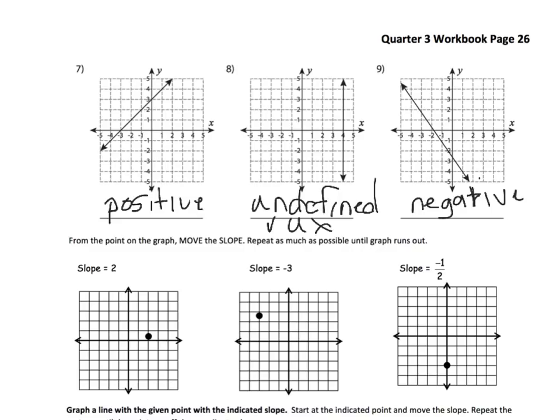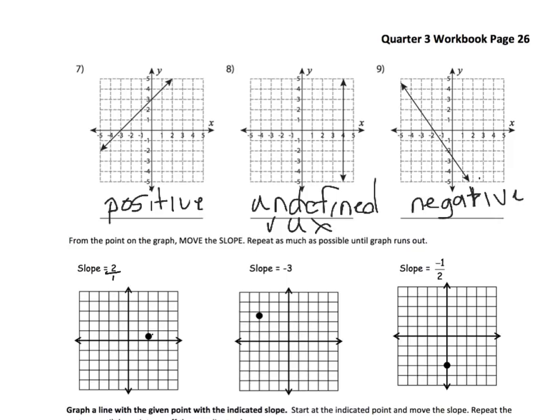In these next examples, we are going to start at the point on the graph and move the slope. So we're going to repeat as much as possible until the graph runs out. So right here you see slope equals 2. This is positive. So you're going to do 2 over 1, and you're going to move it up and to the right. So up 2 and to the right 1.